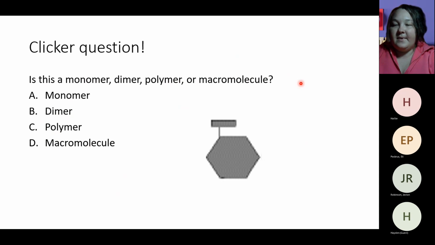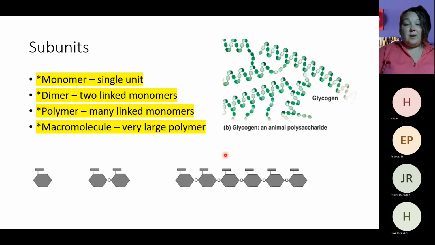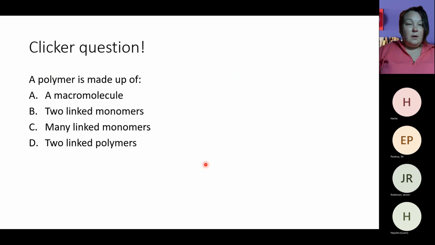All right. 67% said A, which is the correct answer. 33% said C. Recall, this is a monomer. A monomer is one unit, and a polymer is many monomers. Poly meaning many. Oh, well, I just answered this for you, so it should be real easy.